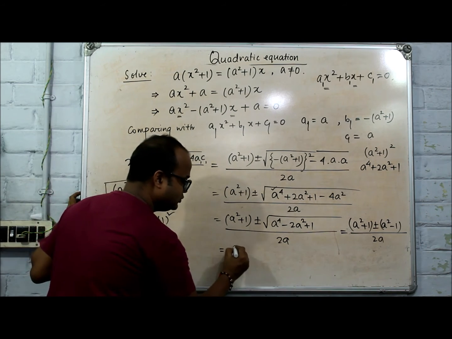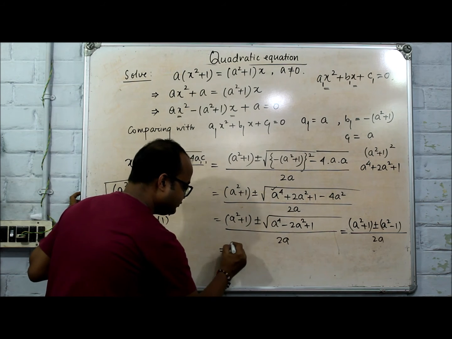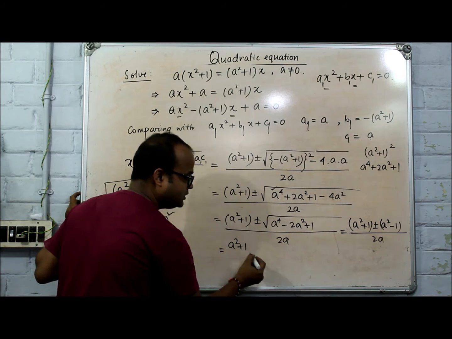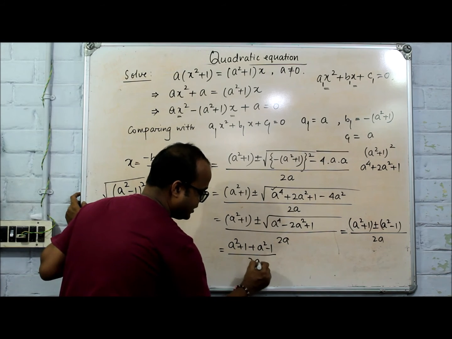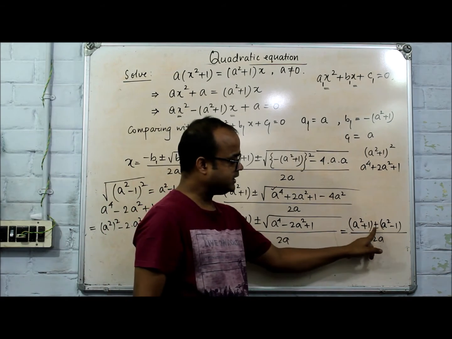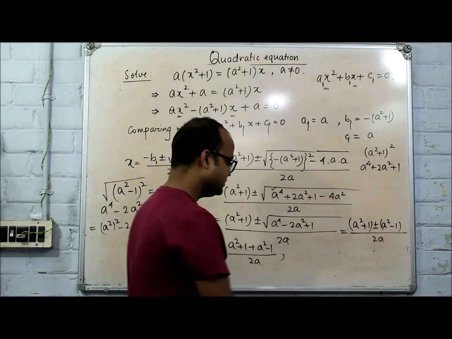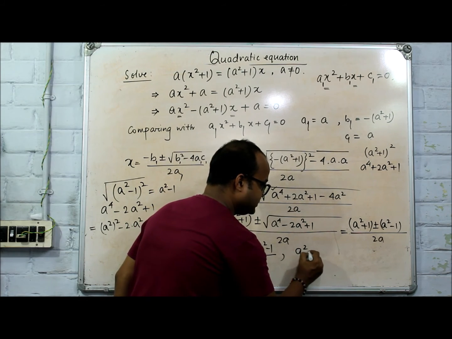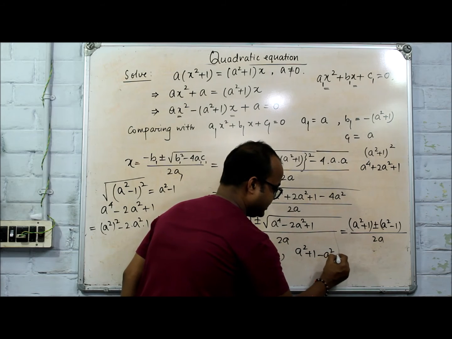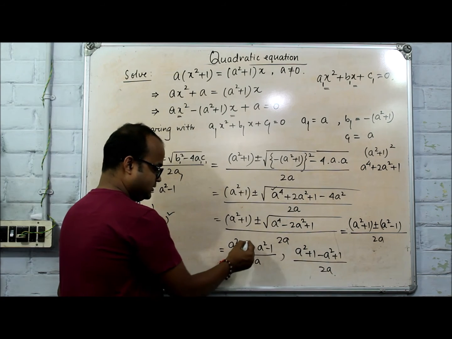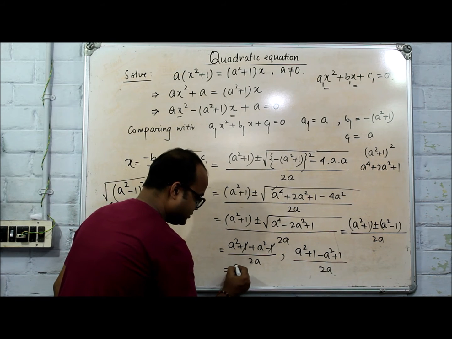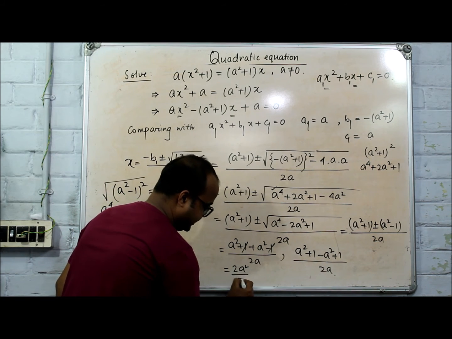So you get two values of x. One is a square plus 1 plus a square minus 1 by 2a, and second, once you take the negative sign, this will become positive: a square plus 1 minus a square plus 1 by 2a. Plus 1 minus 1 will get cancelled, so you will get 2a square by 2a.